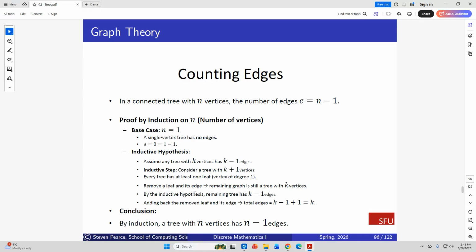Remove a leaf and its edge, which implies the remaining graph is still a tree with k vertices, obviously. By the inductive hypothesis, the remaining tree has k-1 edges. Adding back the removed leaf and edge, the total edges are k-1 plus 1 equals k. So by induction, a tree of n vertices has n-1 edges.